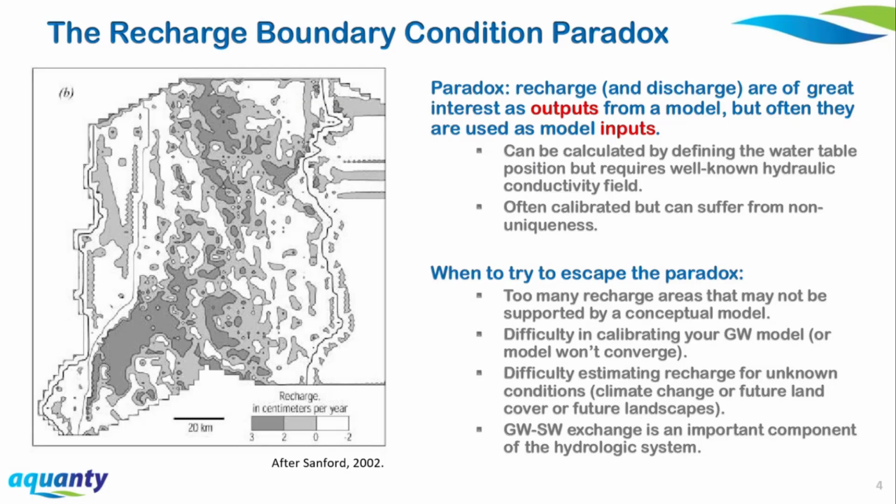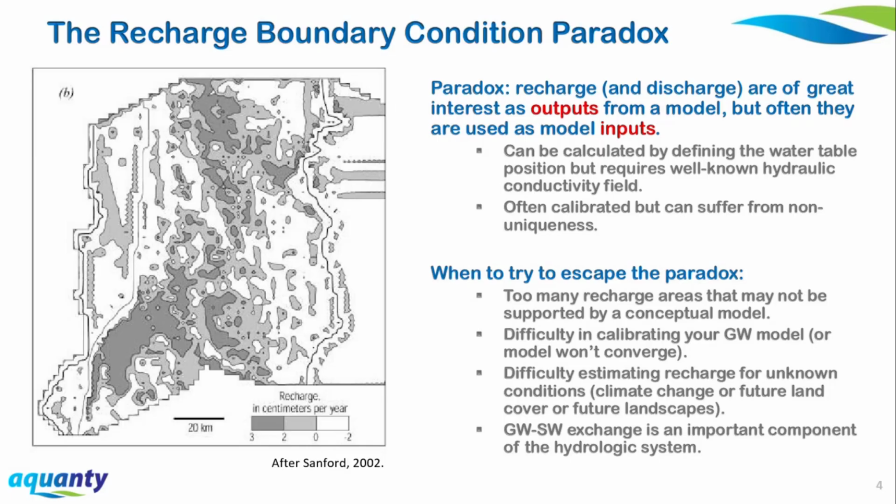So I have some suggestions as to when you might want to try to escape the paradox. And I think this is a point where most modelers have reached at some point. A good example is when you have too many recharge areas in your model and they may not be supported by topographic or material differences.